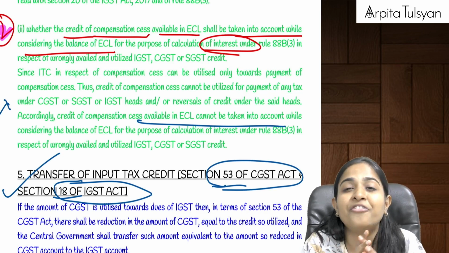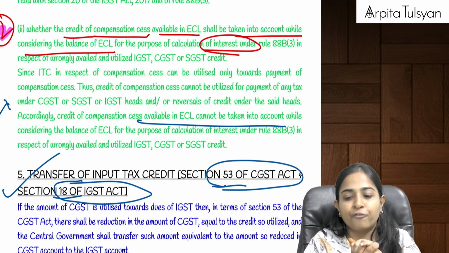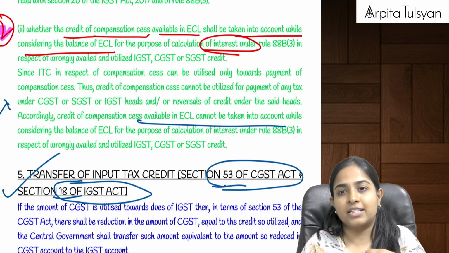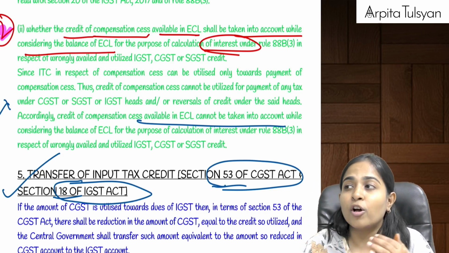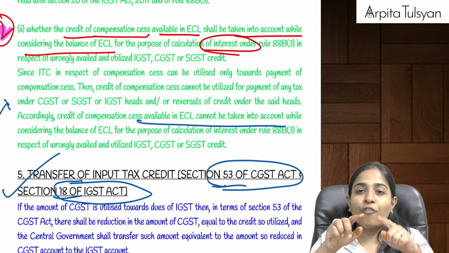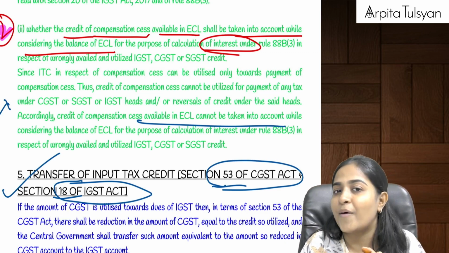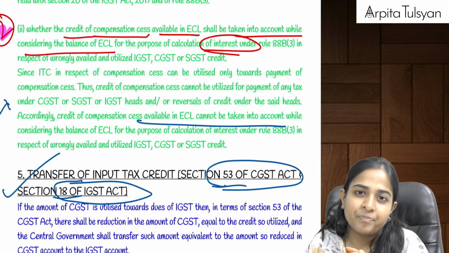So it is not a free amount of tax that is available with you. Therefore, while calculating the interest for the third point, that is for utilization of wrongly availed credit, when you are calculating the total balance of your credit ledger, you are not required to take the cess amount. Are you clear with this?